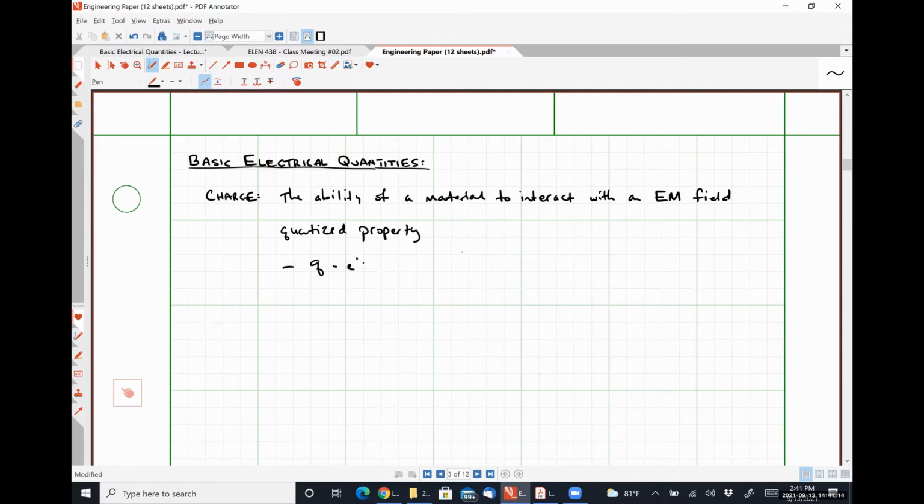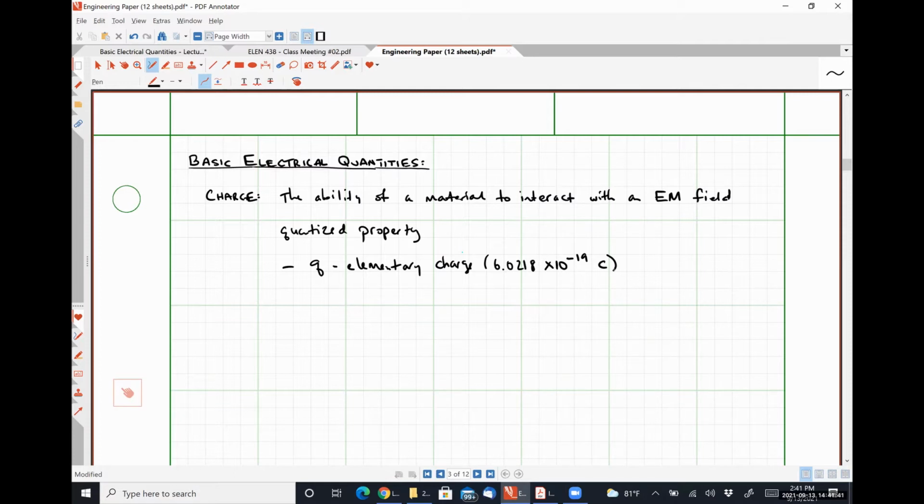is the elementary charge, having a value of 6.0218 times 10 to the negative 19 coulombs, where the coulomb is the fundamental unit of charge, named after the discoverer of the electrostatic force.